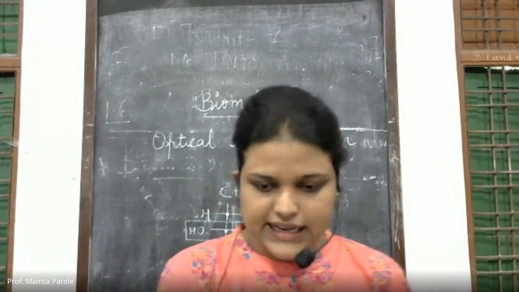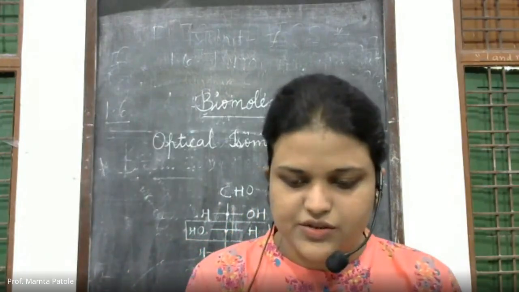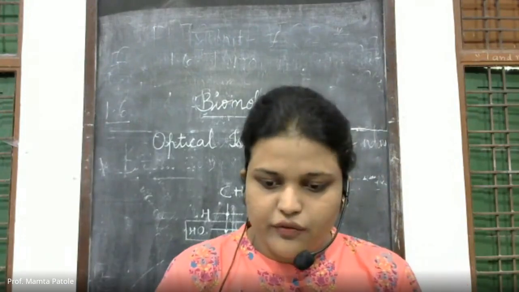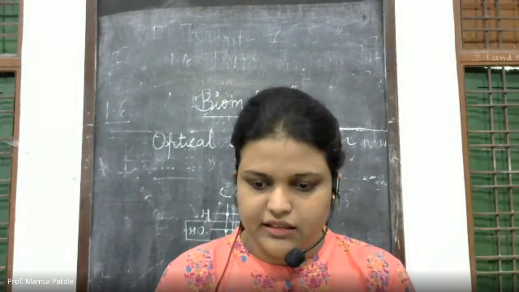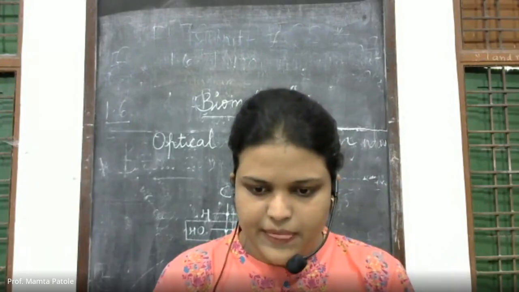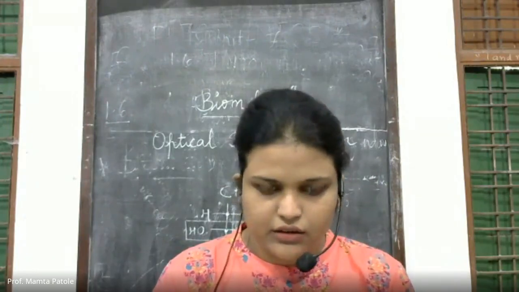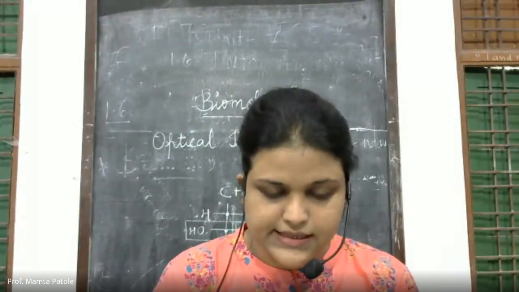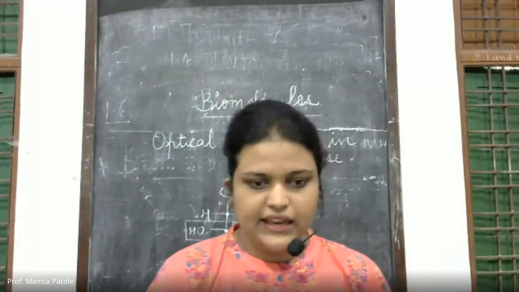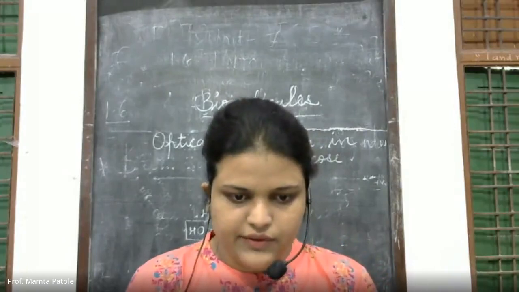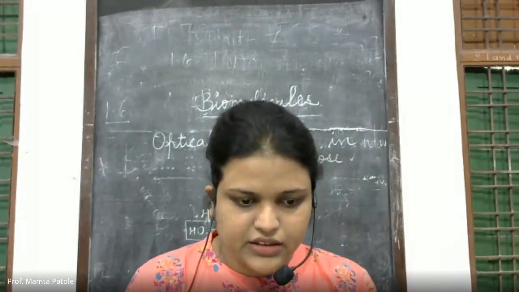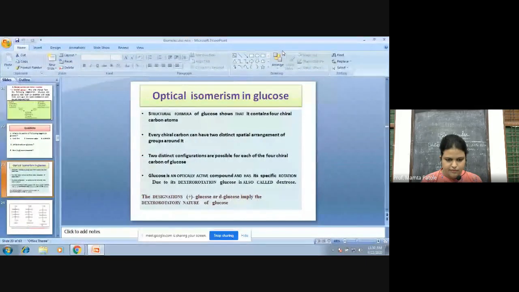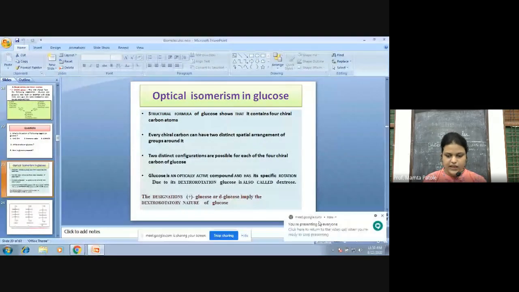As we start with this, dear students, there are four chiral carbons in glucose. And now we'll see the optical activity in glucose.